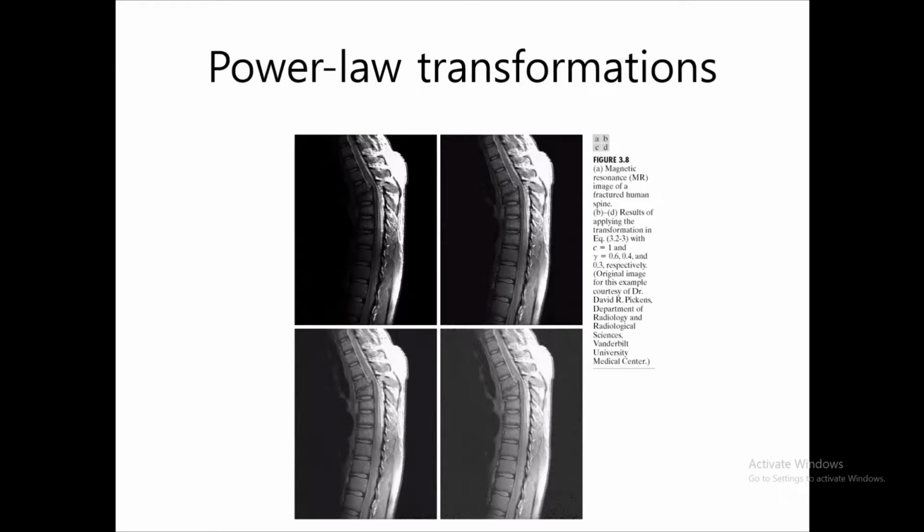We can easily find the difference between the image in figure A and figure D. Some unseen content of this image can be seen in the gamma corrected, transformed image.